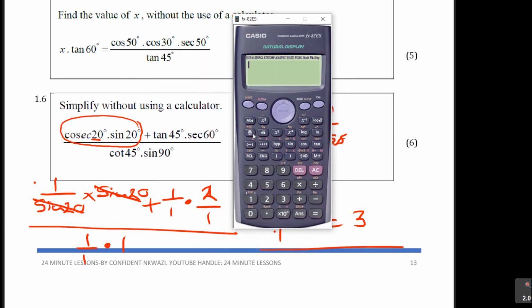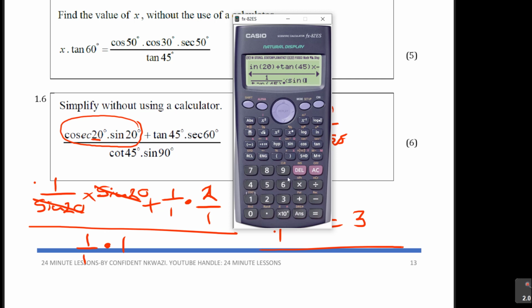There it is here. Start there by saying cosec is 1 over sin 20 times sin 20, plus, okay, before that, plus what? tan 45, right, times sec, which is 1 over cos 60, and then right at the bottom there, cot 45, you say 1 over tan 45, not cot 90, times what?